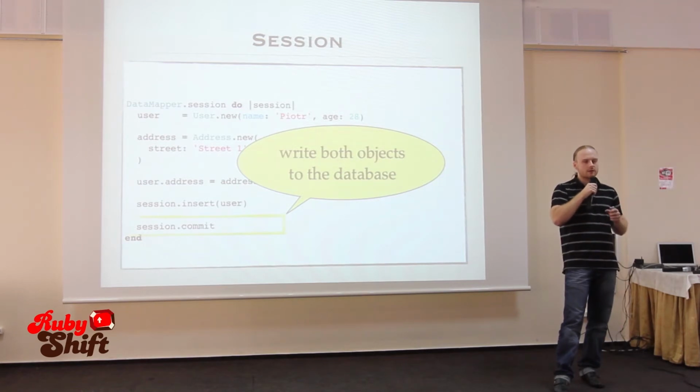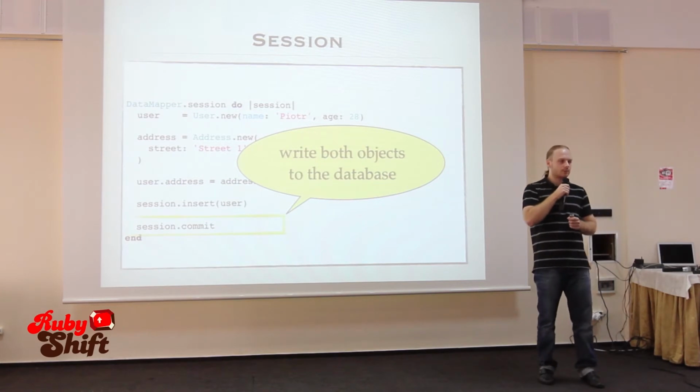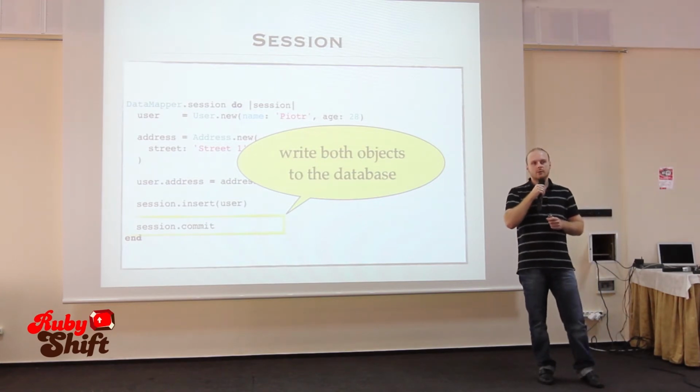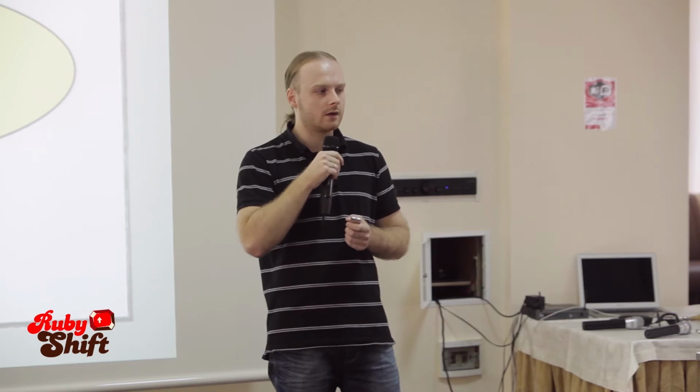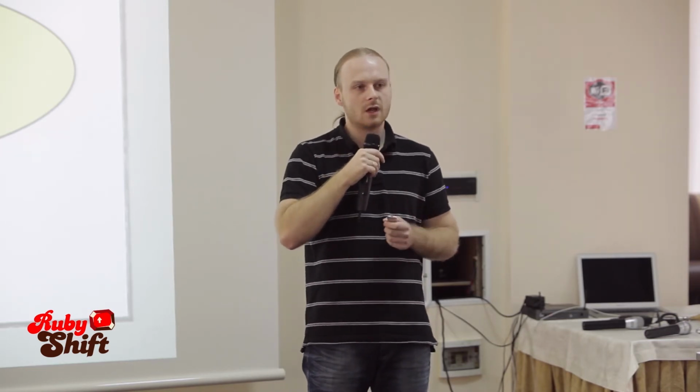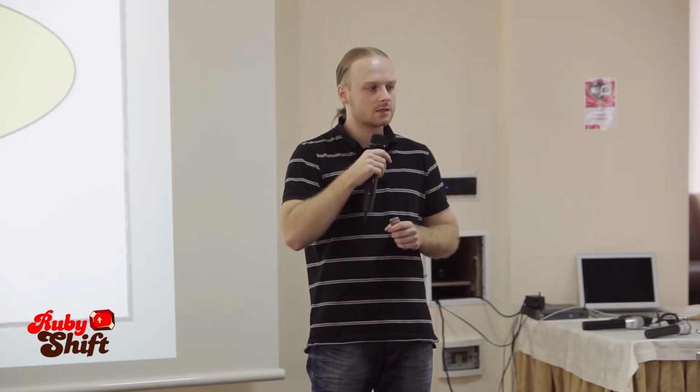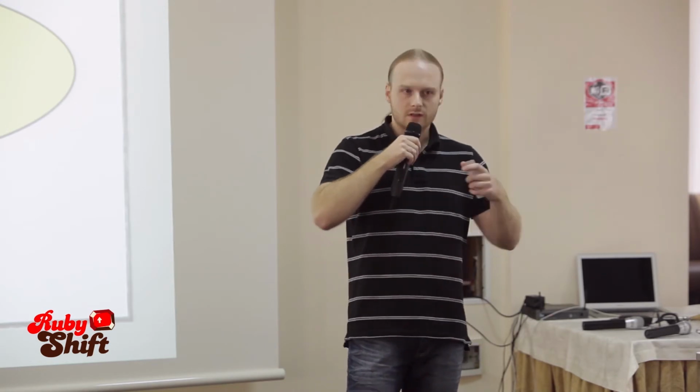And this is, again, another huge difference between Active Record and DataMapper, because in DataMapper, resolving dependencies between all the commands that need to be executed in the database is handled by the session.